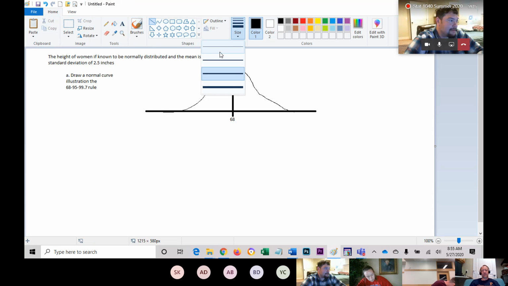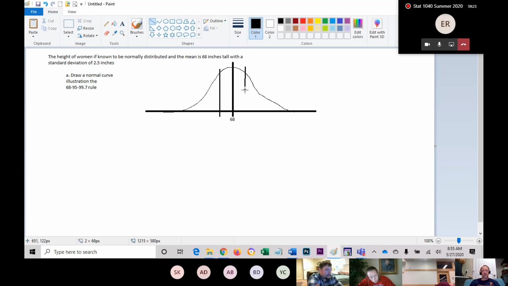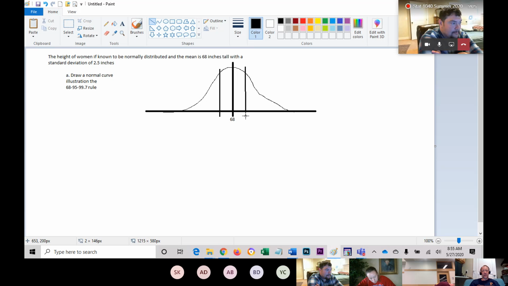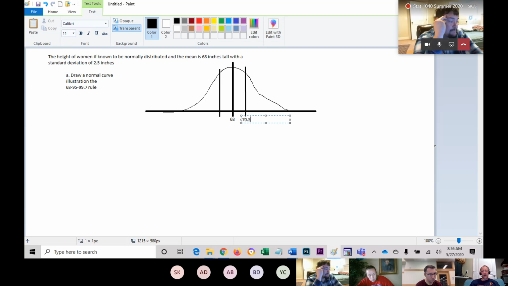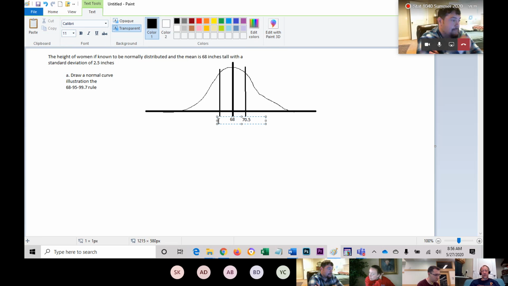And then we'll go ahead and draw our first standard deviation. What are these values here? On the lower end, you got 65.5. On the upper end, you got 70.5.